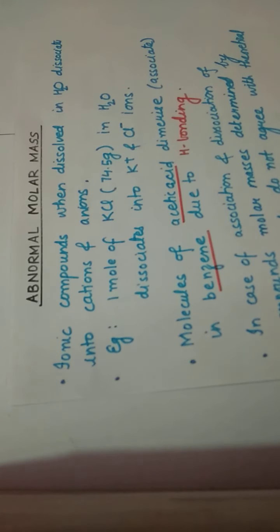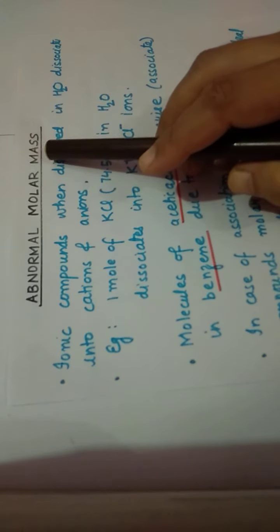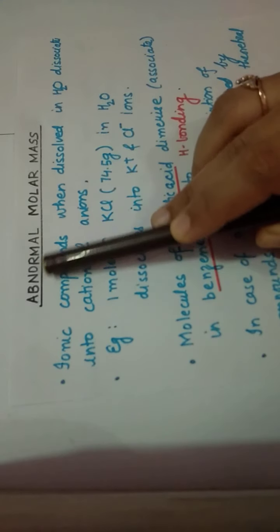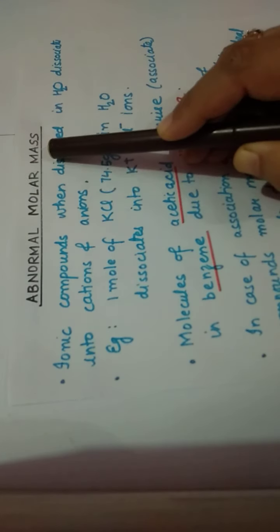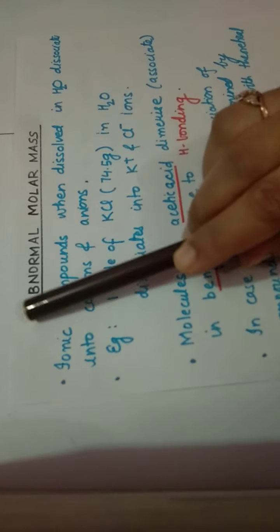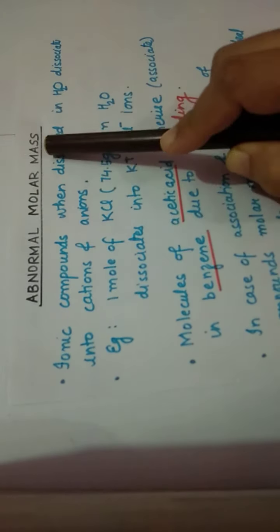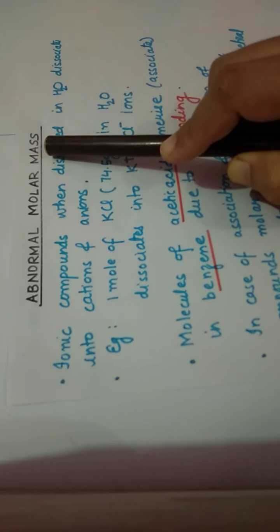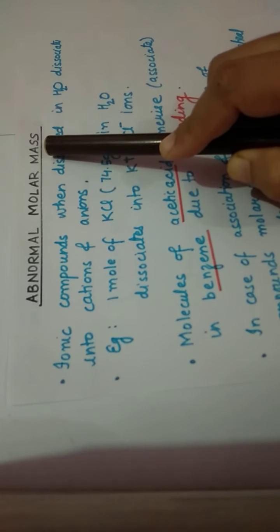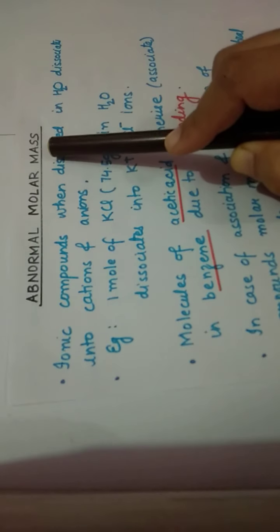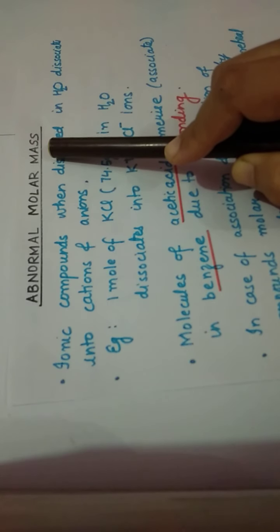As in class 12th we are doing the second chapter, Solutions. In that, today we'll be covering the topic abnormal molar mass. As the name indicates, there must be some kind of abnormality, or some kind of change, in the molar mass.